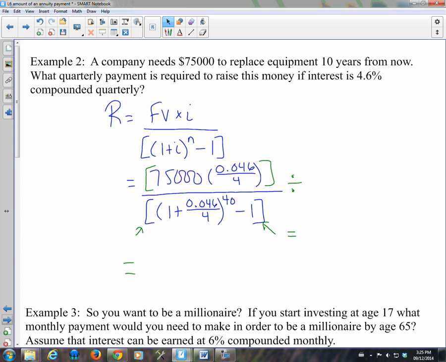See if you get the same thing when we're done. So I got $1,487.27 quarterly, 4 times a year.